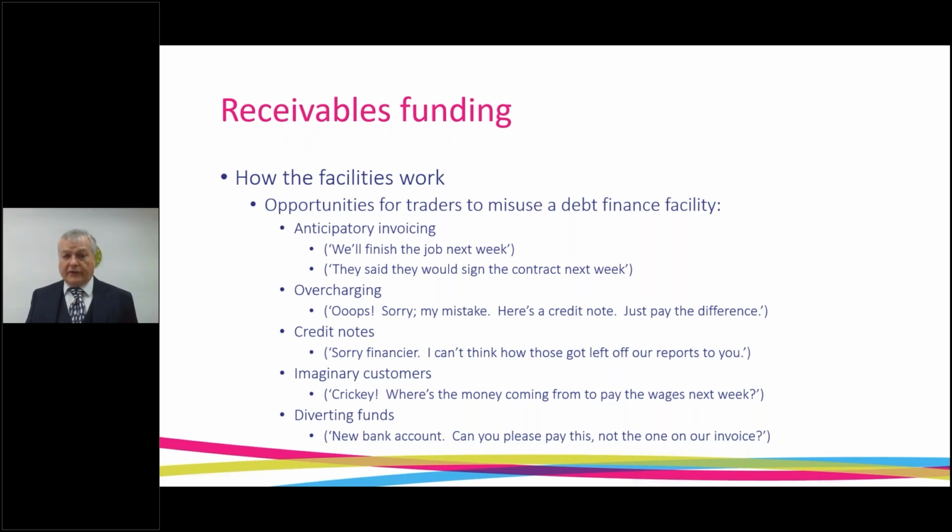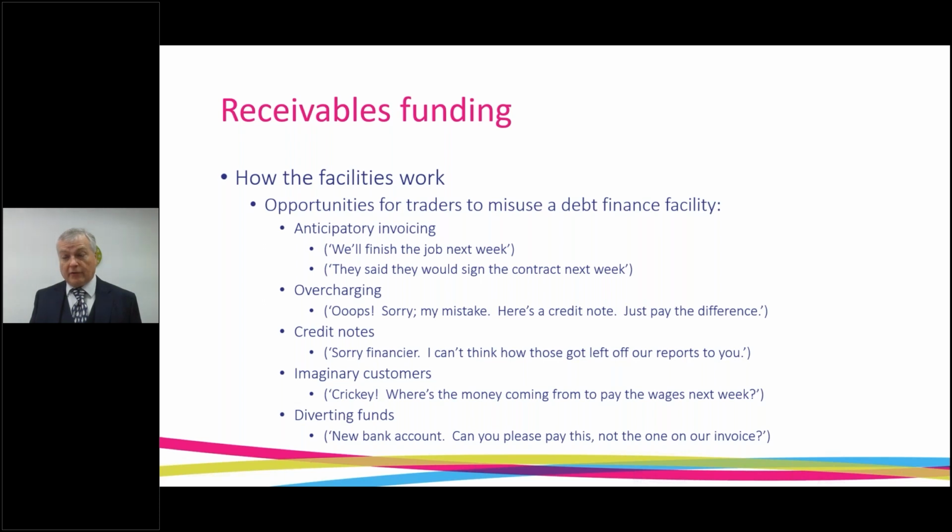At the other end of the scale is, well, we've issued the contract to this customer, we've opened a job number for them, we've agreed a price, so we may as well invoice them now, and if they turn out not to instruct us, we'll issue a credit note next month. Then there's deliberate overcharging, and that would be linked with misuse of credit notes.